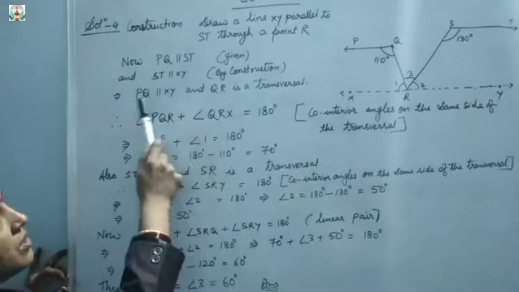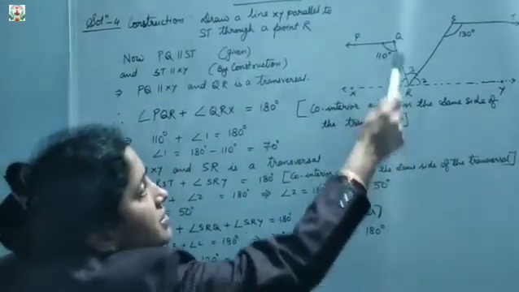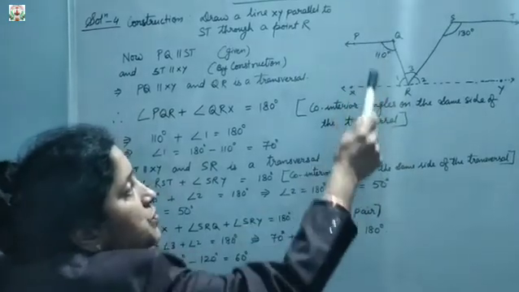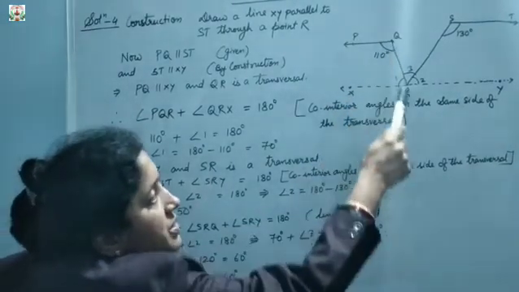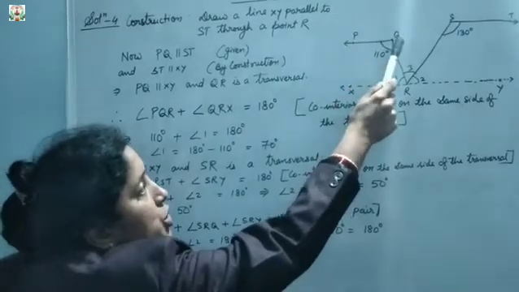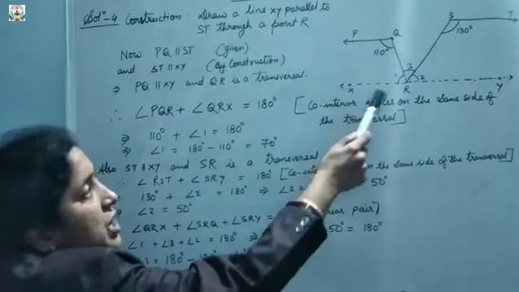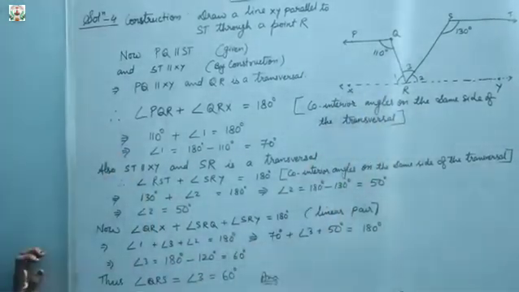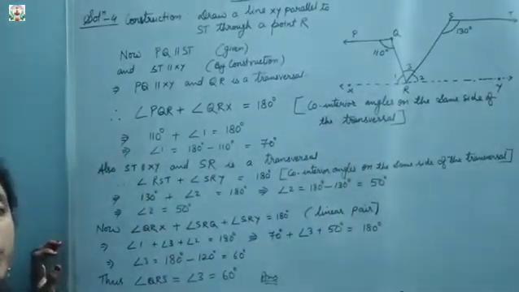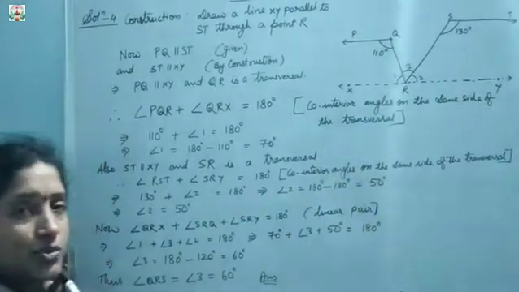So PQ is parallel to XY and QR is the transversal. Now angle PQR and angle QRX will give what? Equals to 180 degrees, as they are co-interior angles on the same side of the transversal.